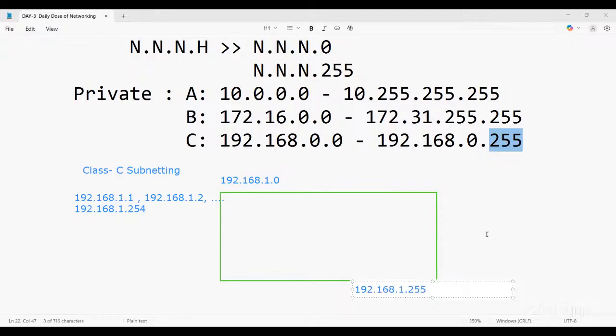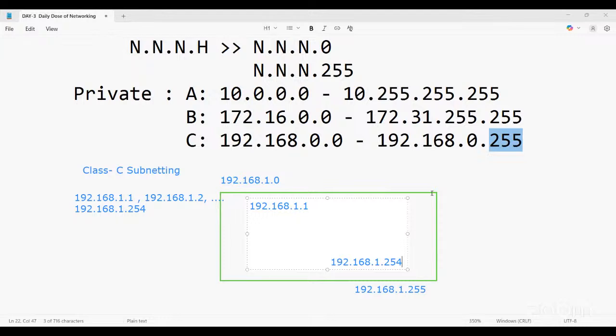So these two IPs you cannot use. In between, the IPs, for example 192.168.1.1, go up to the last IP, 192.168.1.254. These are the valid assignable IPs. You can say this is a room.